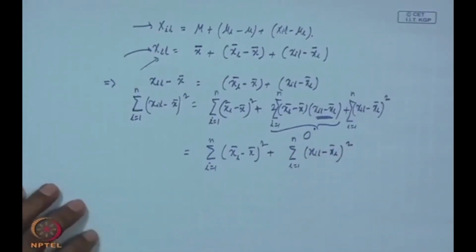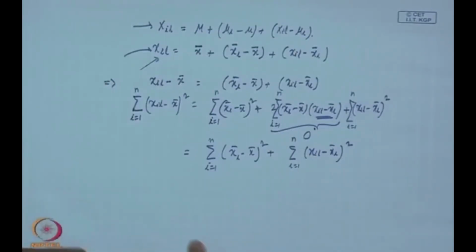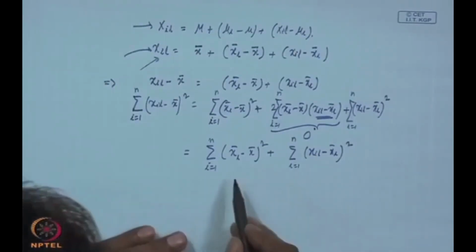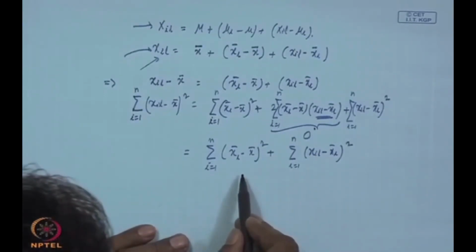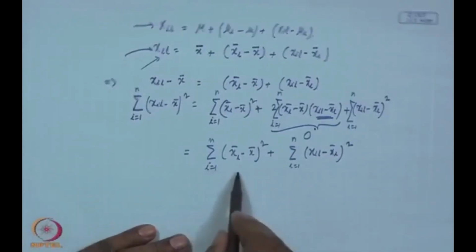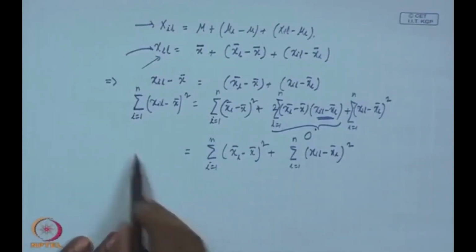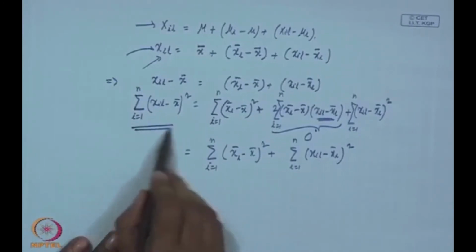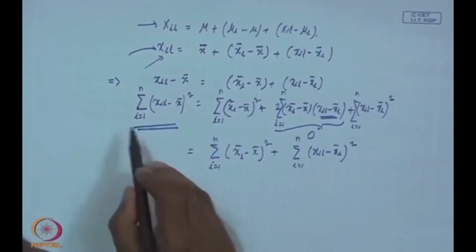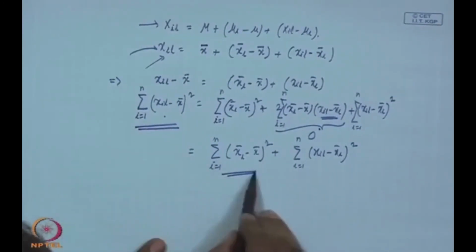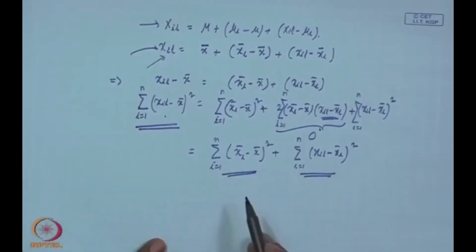Now, see this one. On the left hand side there is some quantity, on the right hand side also some quantity, with squares given here.